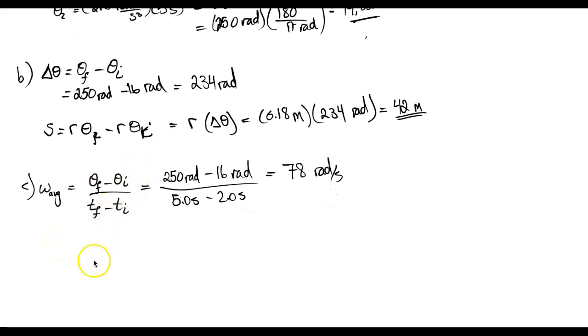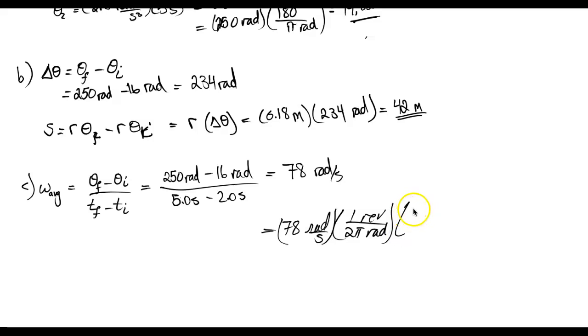And if we want to change this to revolutions, what we can say is that this is the same as 78 radians per second times 1 revolution is 2 pi radians, and 1 minute is 60 seconds.